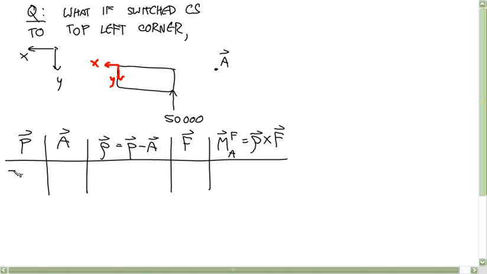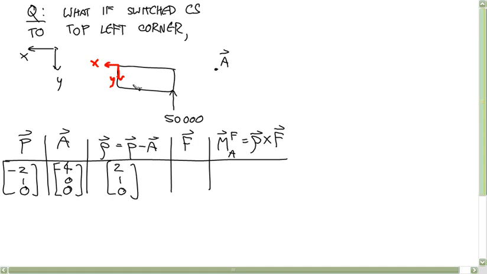Yeah. And what's A? -3, 4, yeah. And 0, right? So rho then is -2 minus 4, so +2.